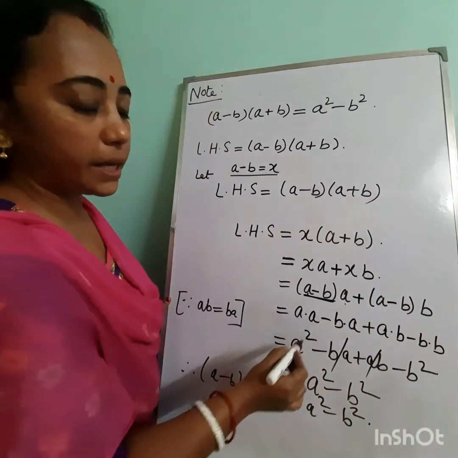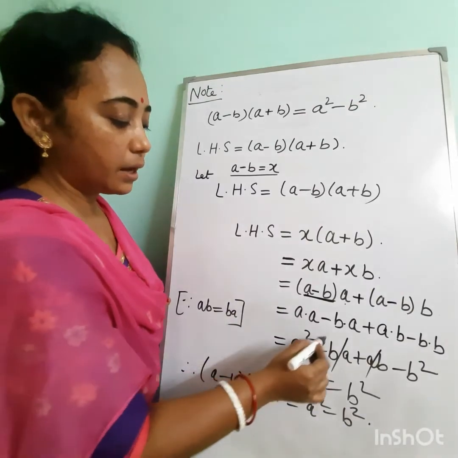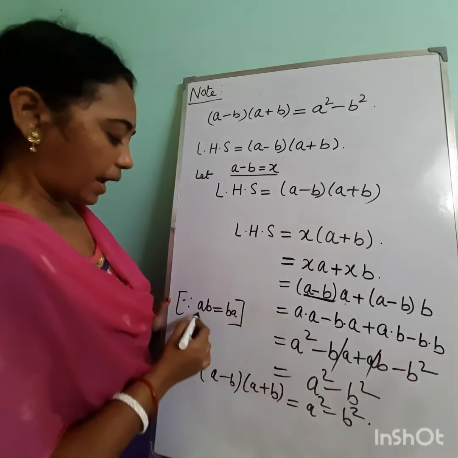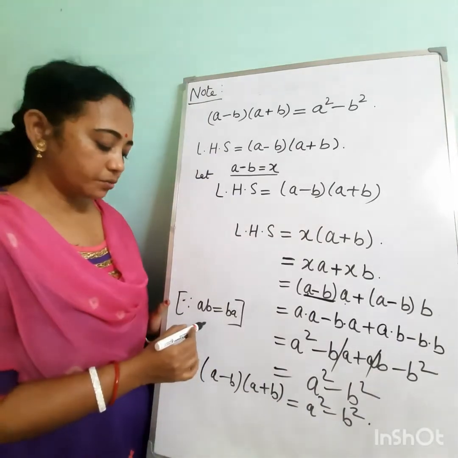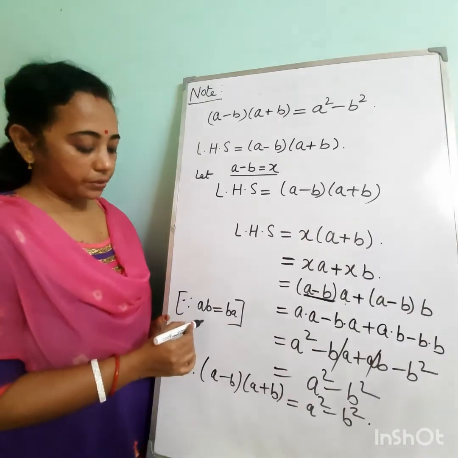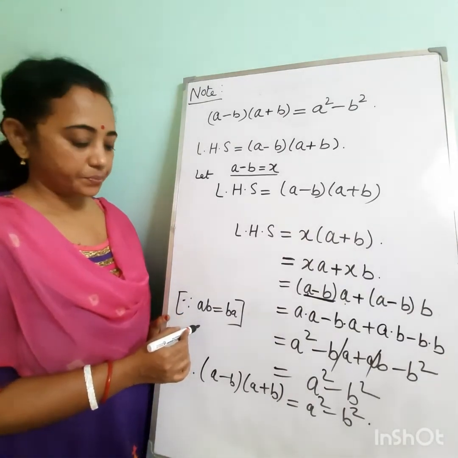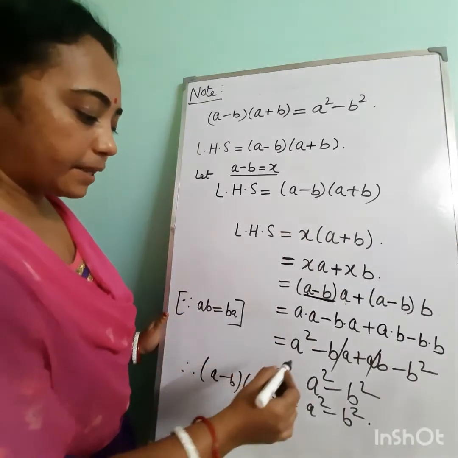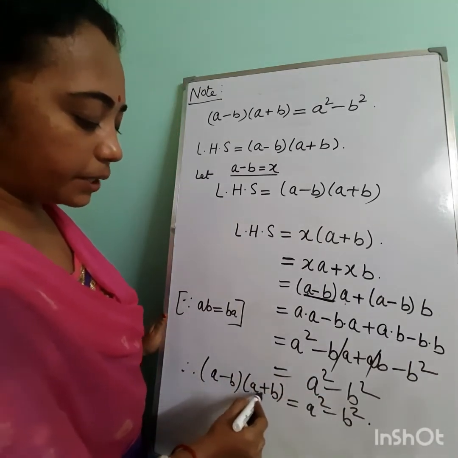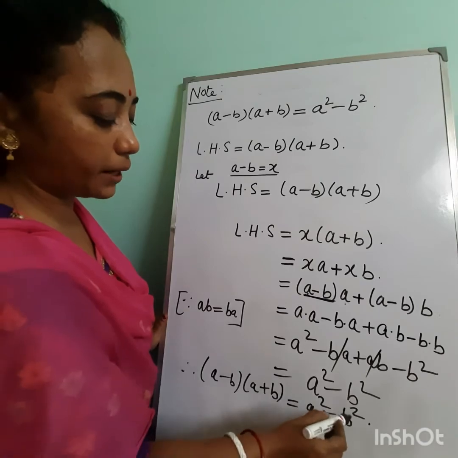So a multiplied by a is a square, minus ba plus ab minus b square, and ab is equal to ba because we know that the product of two numbers always holds the commutative law. So therefore a square minus b square. Therefore we can say that a minus b multiplied by a plus b is equal to a square minus b square.